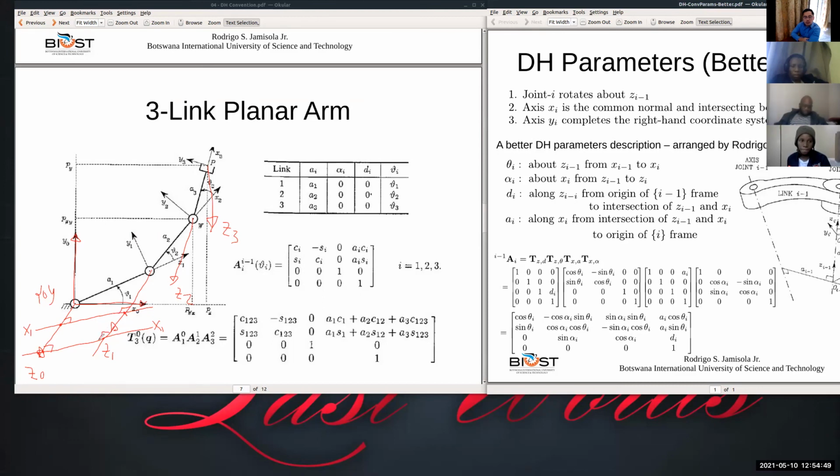So which X1 do you want to use? This is the origin. Of course, this is the origin now. Later on we know that X1 has to go through the origin of frame 0.